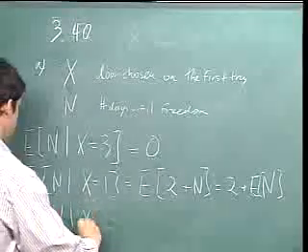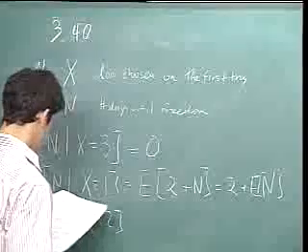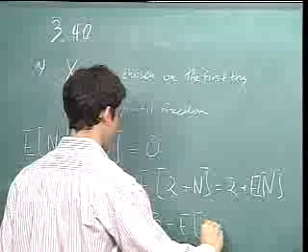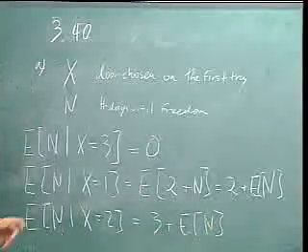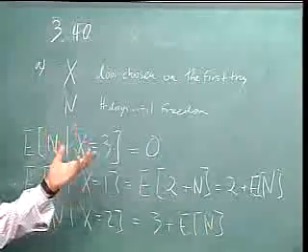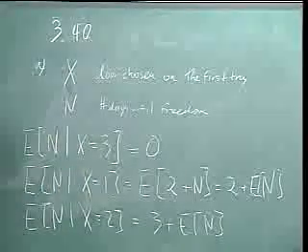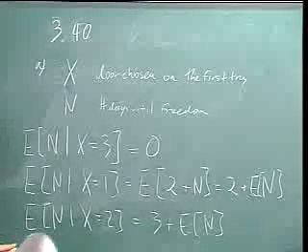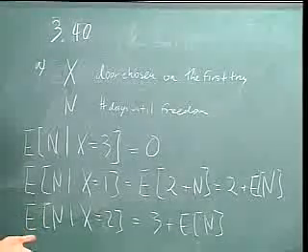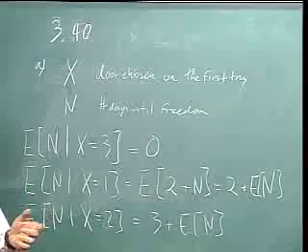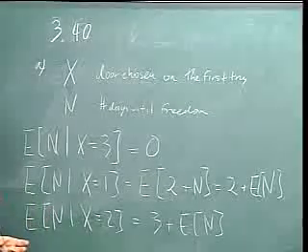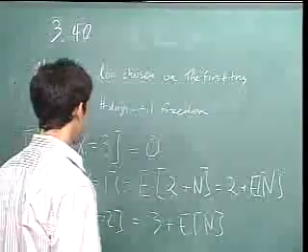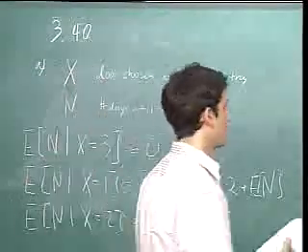Similarly, if you pick door 2, you get 3 plus the expected value of n. Does this make sense to everyone? This is kind of the whole trick of the problem: if you choose one of the wrong doors, the conditional random variable is basically the same as the unconditional one plus whatever time you will be traveling, because you need to add that to it since you made the wrong choice.